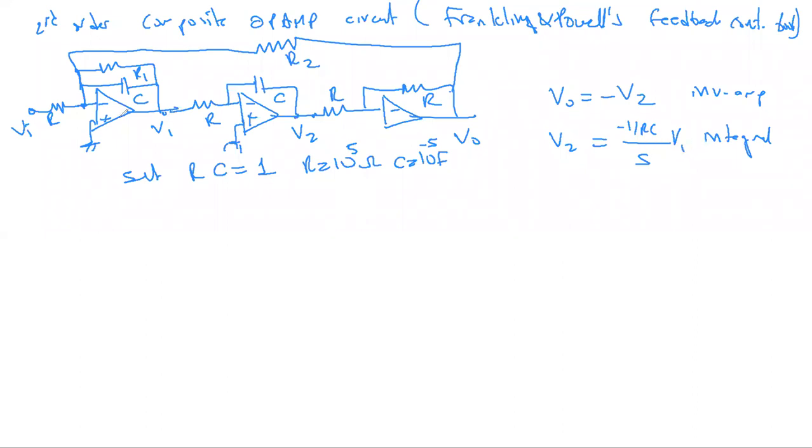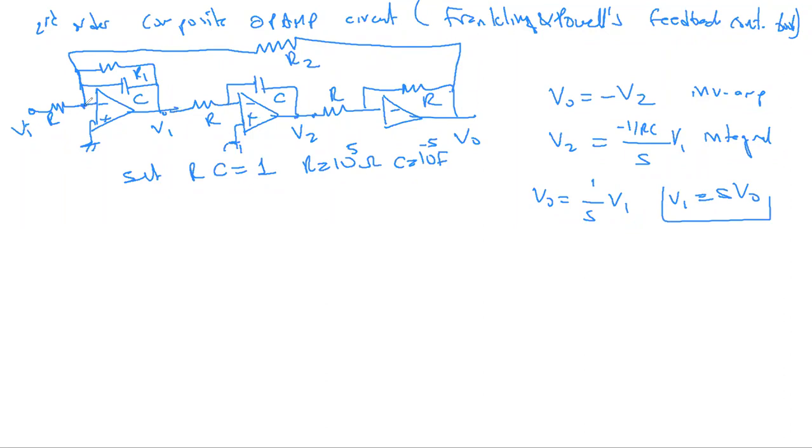After having these two equations, all I need to do here is write this negative terminal. So let me substitute here V0 is equal to minus V2, which is equal to minus 1 over S V1, or V1 is equal to S times V0, okay, into this equation.